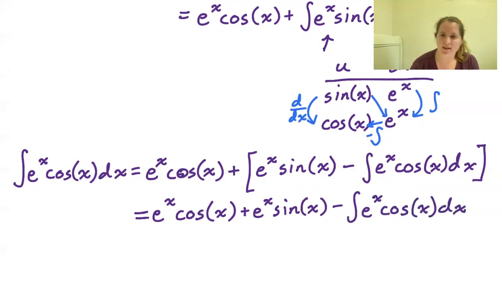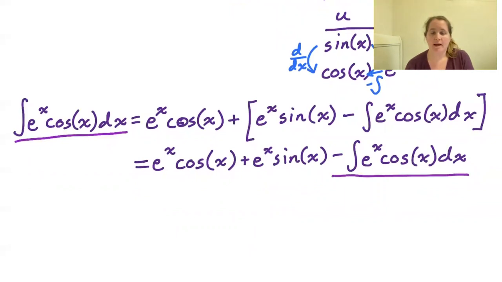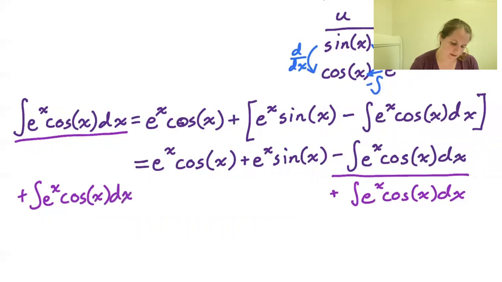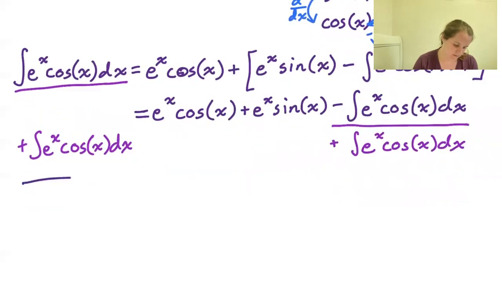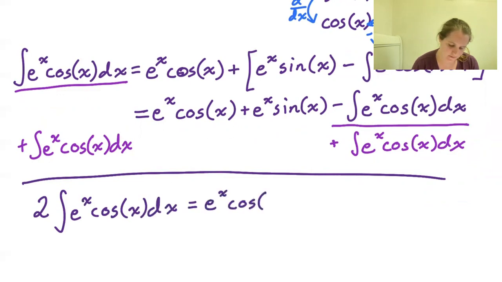As you could see, we could keep cycling through integration by parts, but at this point, notice that these are like terms. So we can go ahead and add that integral of e to the x cosine of x dx to both sides. And we are now looking at two copies of the integral of e to the x cosine of x dx is equal to e to the x cosine of x.